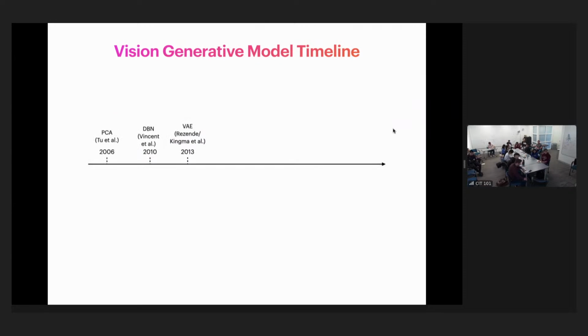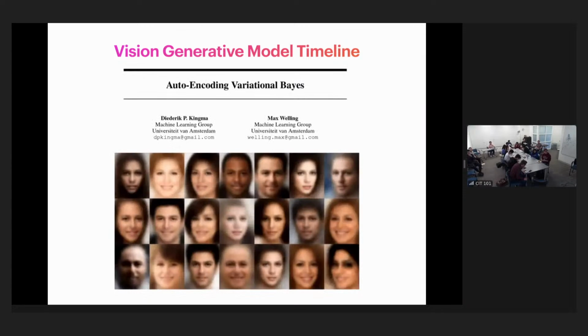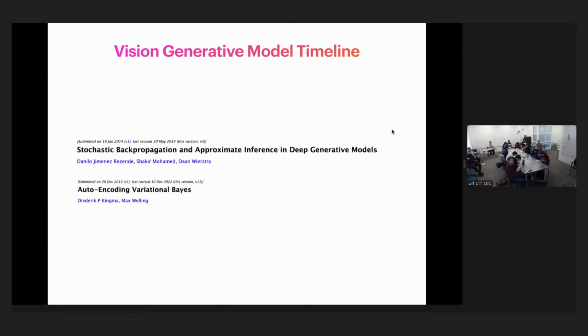Then in 2013, there's the famous VAE paper, or variational autoencoder. They improved upon the previous generative models and could generate much higher quality faces with some nice properties. Interestingly, there are actually two parallel papers that propose the VAE model.